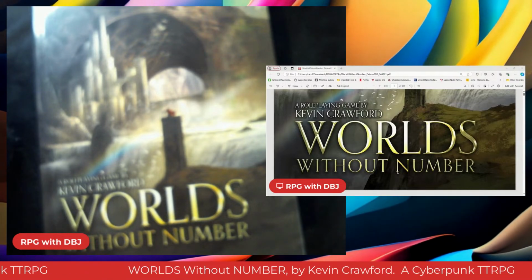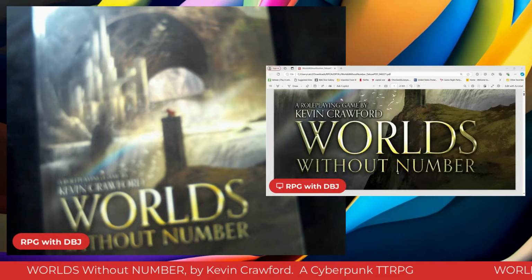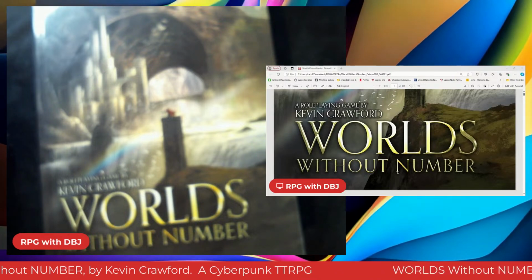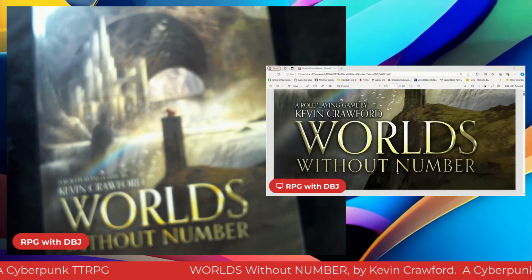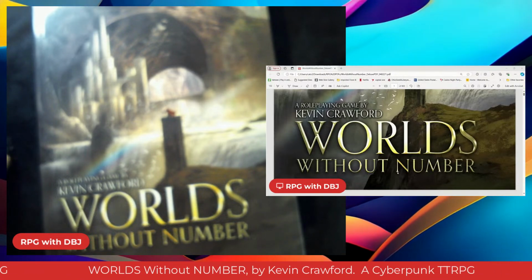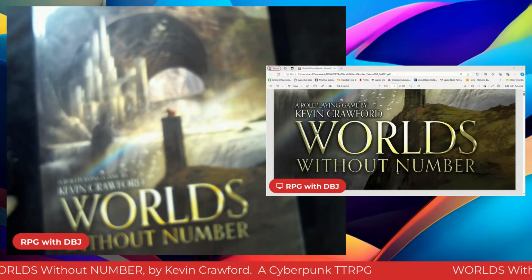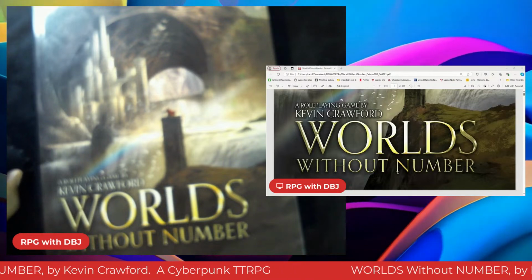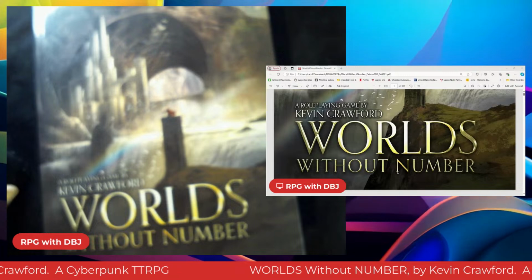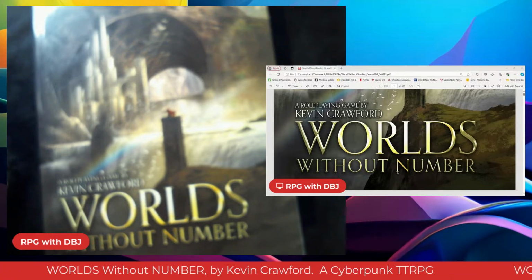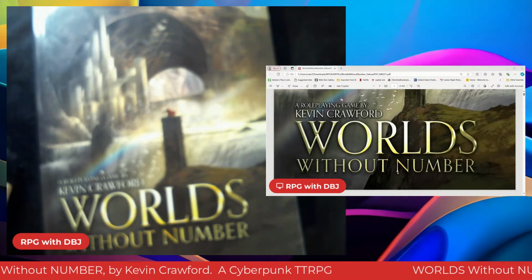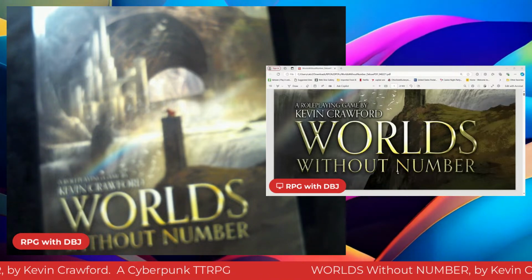So, Worlds Without Number. Worlds Without Number, of course, is classic fantasy. Now, the creator himself has described it as being a bit OSR. I agree. It is OSR in the sense that if you're thinking of old school Dungeons and Dragons, definitely that way.